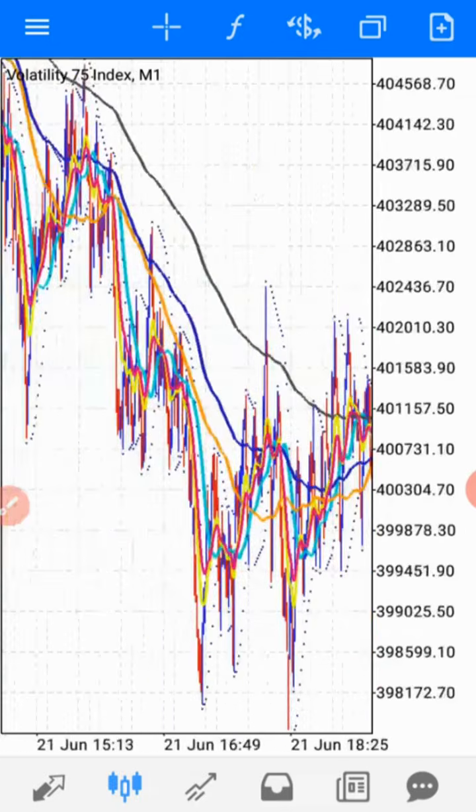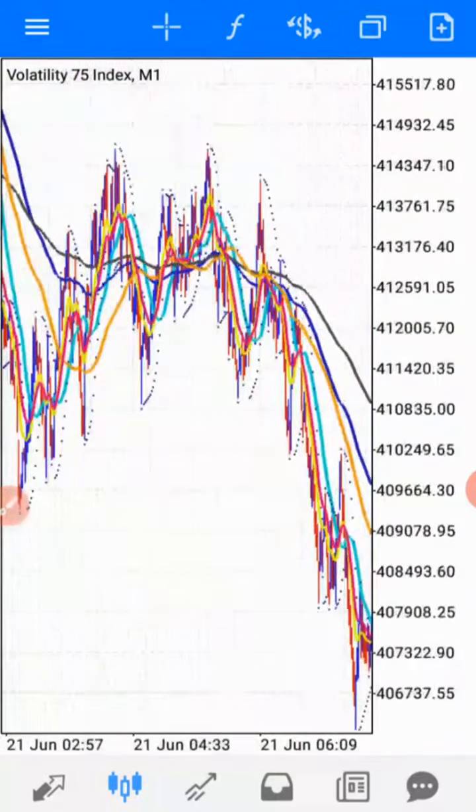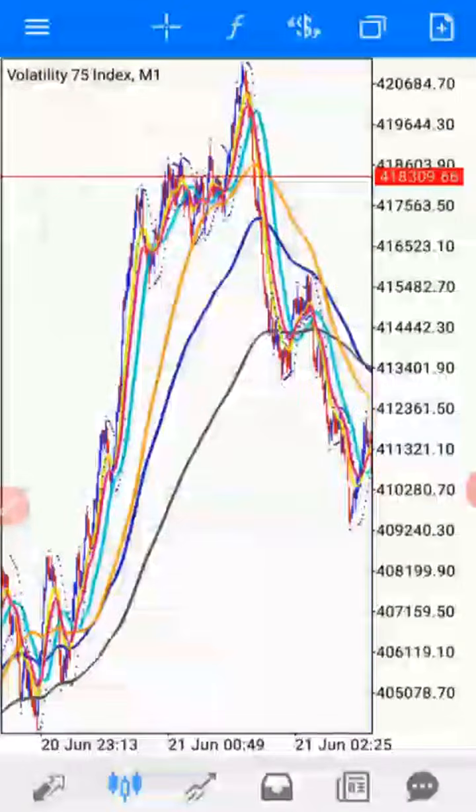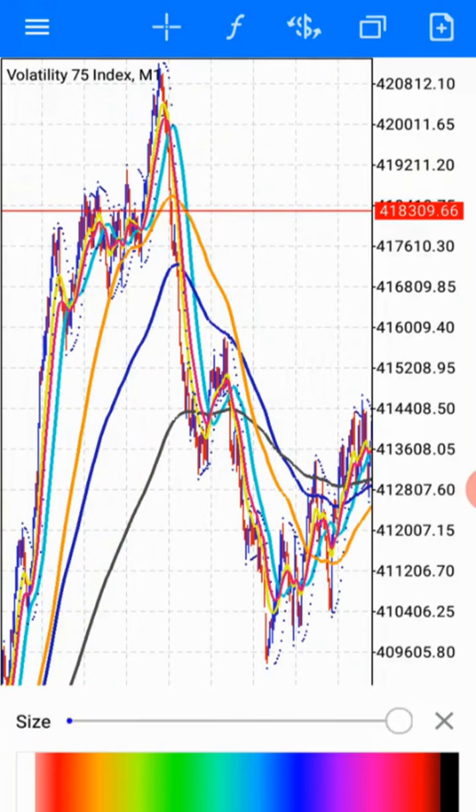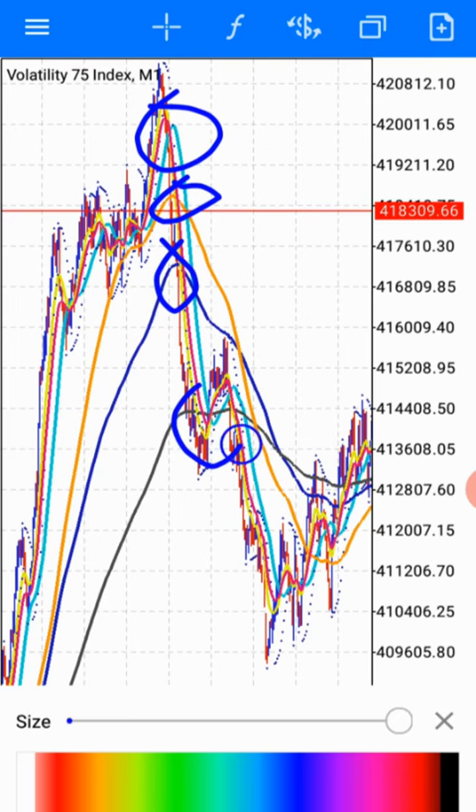So the same thing happens here. See, up here, you get ready around here. You enter your first trade when they cross here, the second trade when they cross here, the third trade when they cross here, and the fourth trade when they cross here.